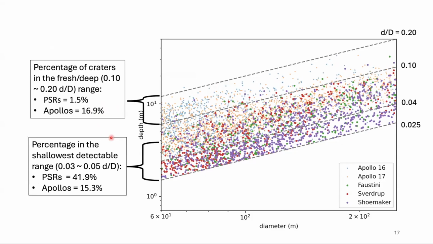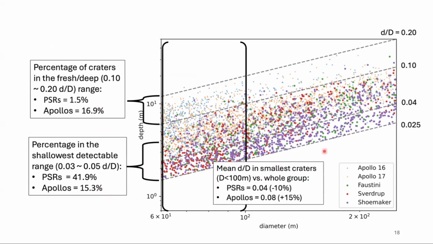And looking down here, where craters are thought to become undetectable, we see quite a few, more than 40% of the small craters in PSRs that we looked at sit in that range versus only about 15% of the Apollo craters.